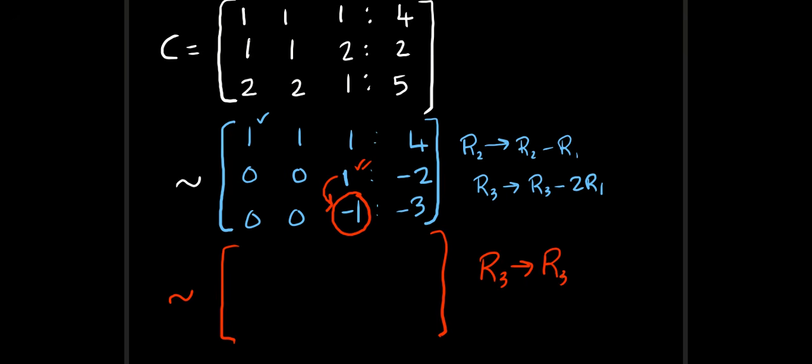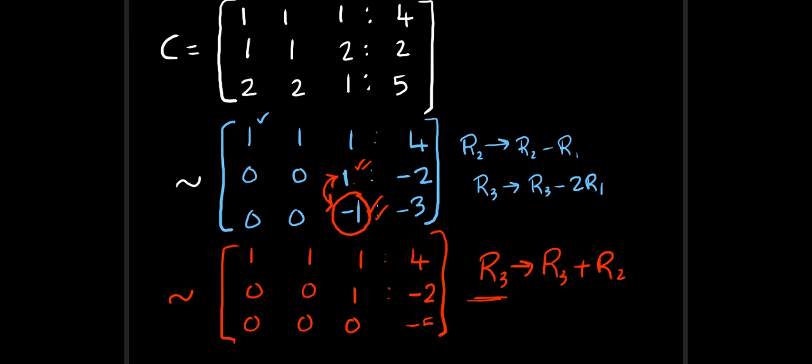So R3 plus R2, because I am supposed to make this element 0 using this 1. So only the third row will change. 1, 1, 1, 4, 0, 0, 1, and then minus 2, and then 0, 0, minus 1 plus 1, minus 3, that will be minus 5.